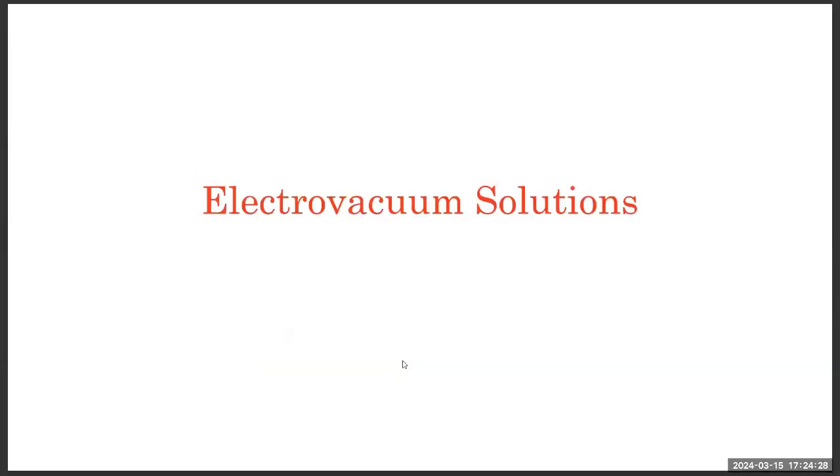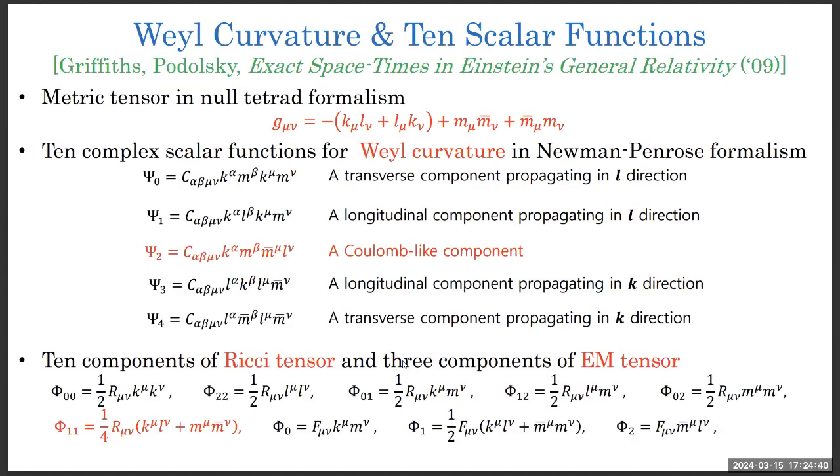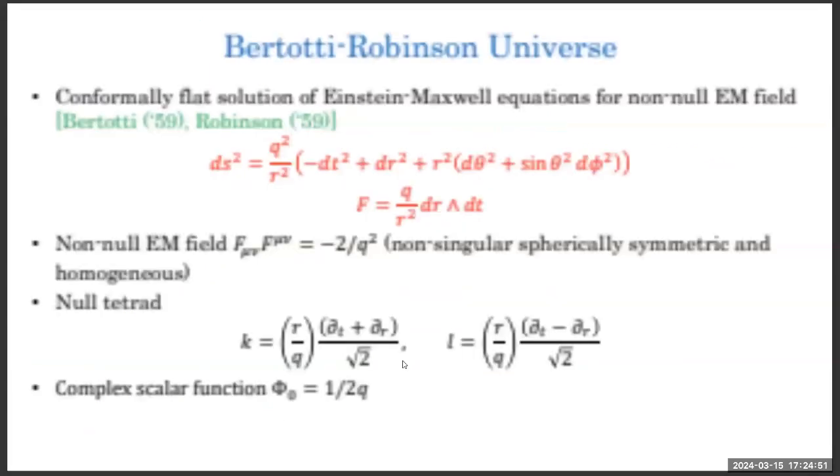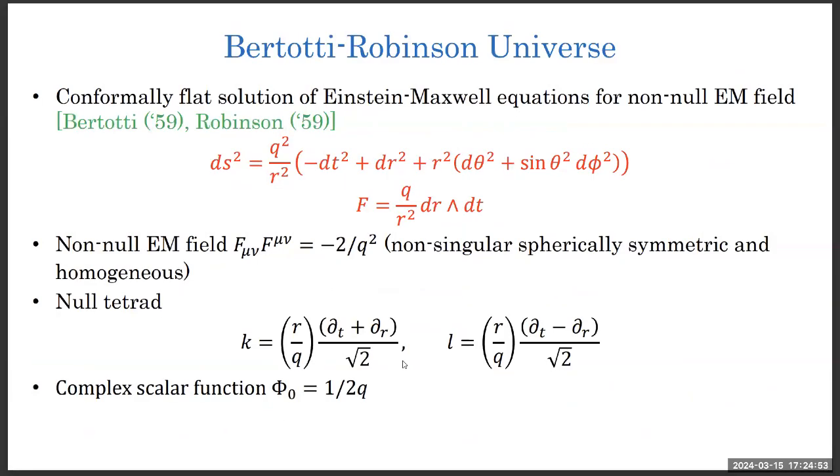Now, Stefan is more interested in the magnetized black hole, but actually, I have only 5 minutes. For the electrovacuum solution in Einstein-Maxwell theory, after lots of formalism and computation, you find this one, called the Robinson universe.